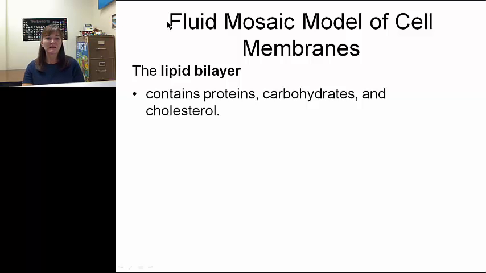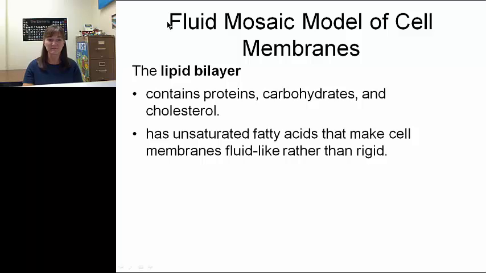So the lipid bilayer not only contains mainly glycerophospholipids, but it also contains some protein, carbohydrates, and cholesterol. The two fatty acids in the glycerophospholipids used for cell membranes are unsaturated. And that makes the cell membrane fluid-like rather than rigid. Remember, fluid rather than rigid.